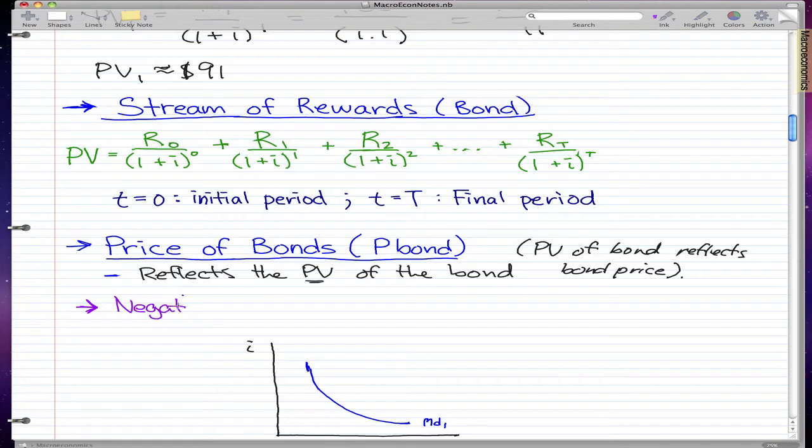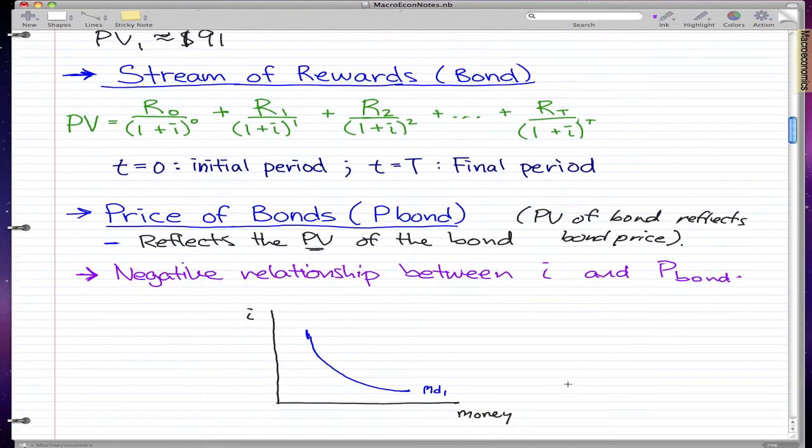There is a negative relationship between i, which is the interest rate, and the price of the bond, which is P bond. So there's a negative relationship between i and P bond, the interest rate and the price of the bond.